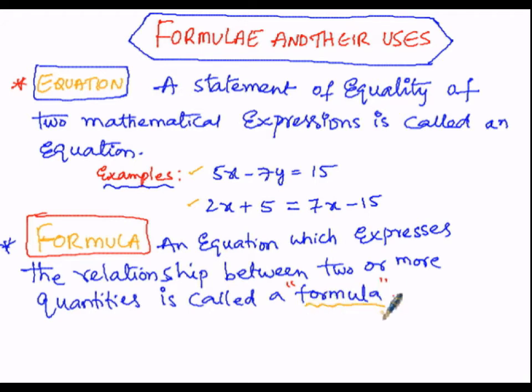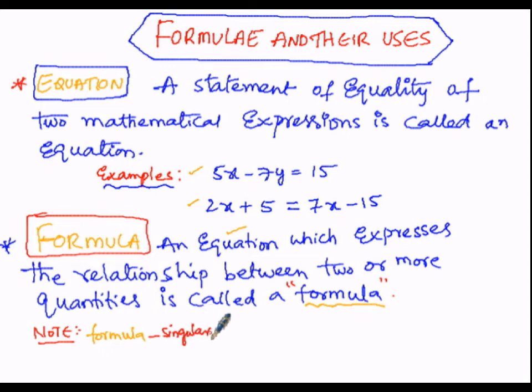So it is nothing but an equation which expresses the relationship between two or more quantities in it, is called a formula. As a note, here I expressed the singular form, that is formula. Formula is a singular one.